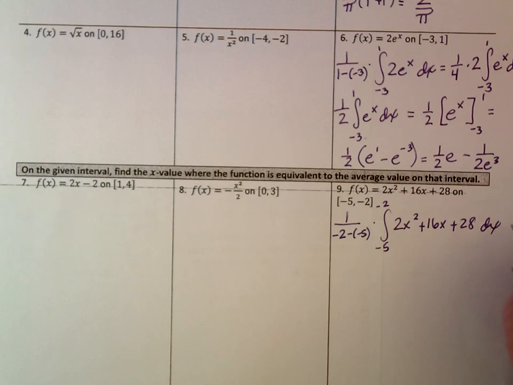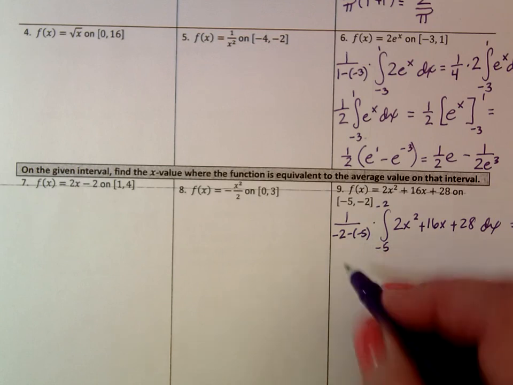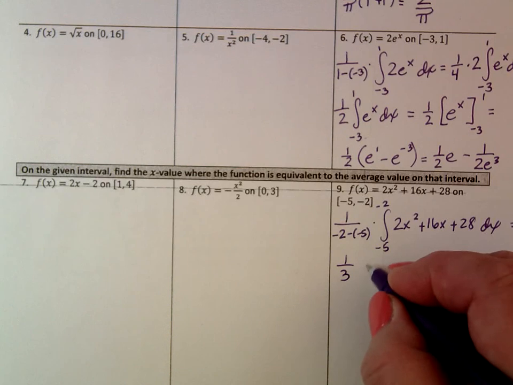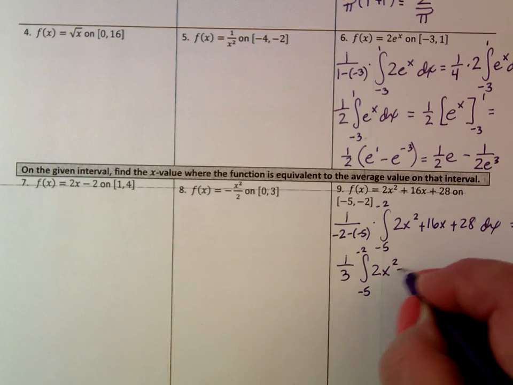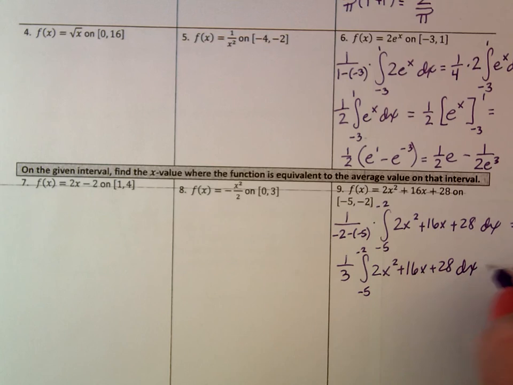Or, if I simplify that a bit, a negative 5 makes it positive 5, and positive 5 minus 2 is a 3, so 1/3 the integral from negative 5 to negative 2 of 2x squared plus 16x plus 28 with respect to x. Now I need to know what that value is, what that's actually going to equal.